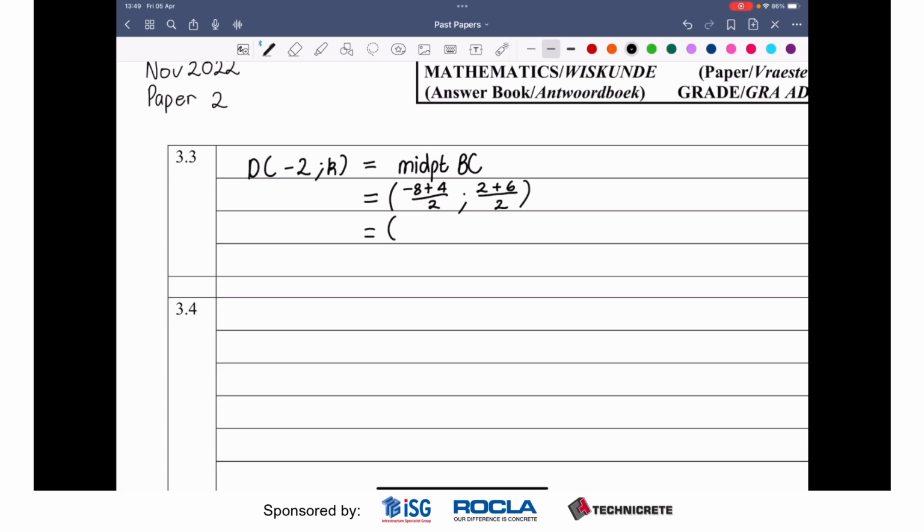So for the x coordinate, I get negative 8 plus 4 is negative 4, divided by 2 is negative 2, which is exactly what I expected because I already knew the x coordinate for D, which is the midpoint. And then for y, I'm going to have 2 plus 6, which is 8, divided by 2, which is 4. And therefore, that means the y value of D, which is equal to k, is equal to 4.